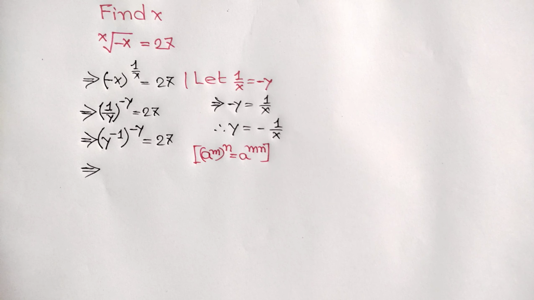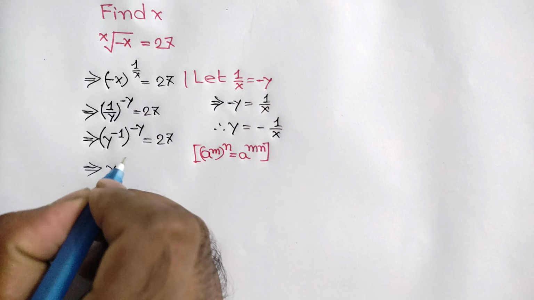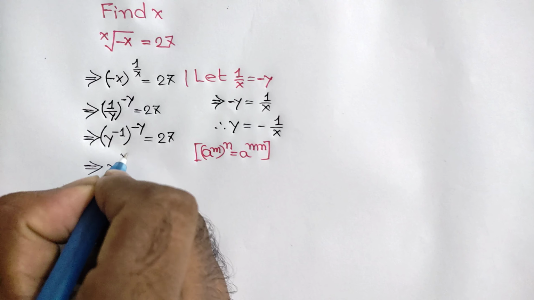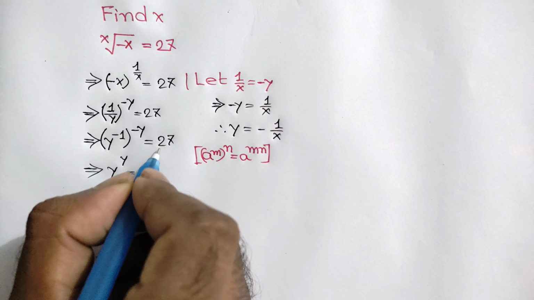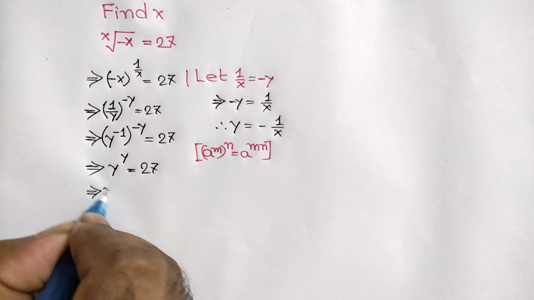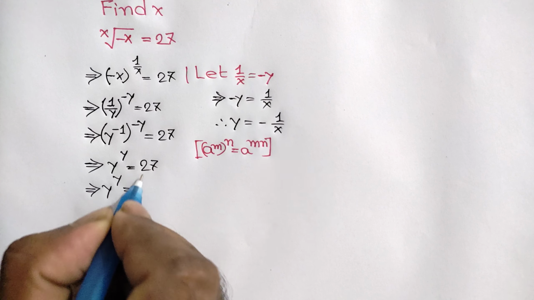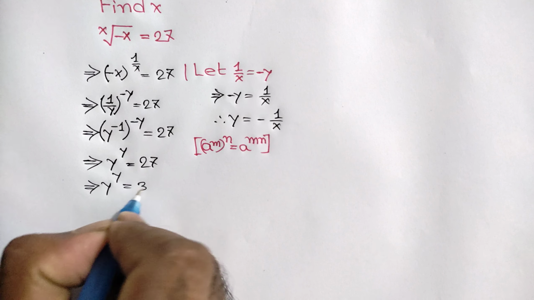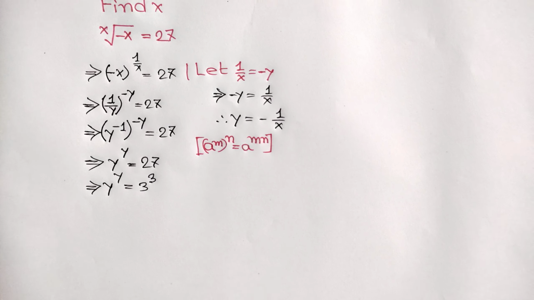Applying this formula, we get y to the power y is equal to 27, which can be written as 3 cube.